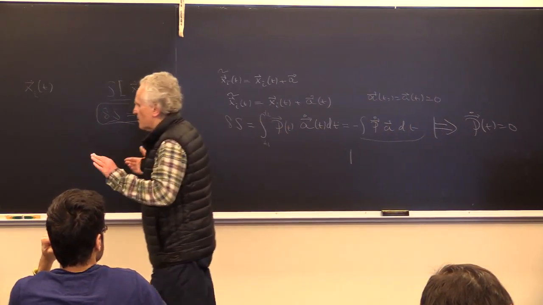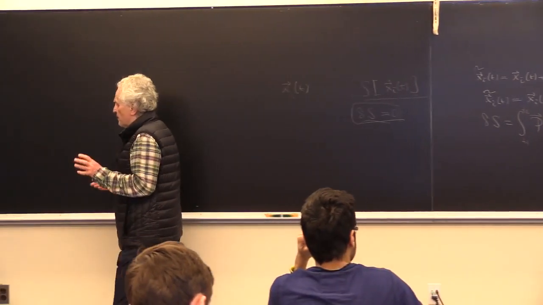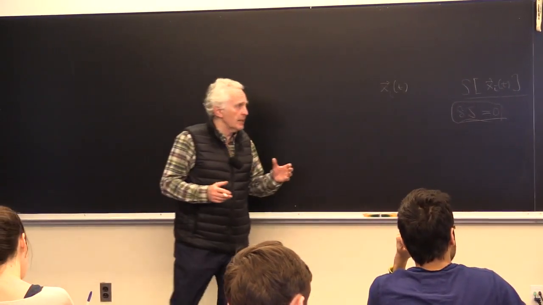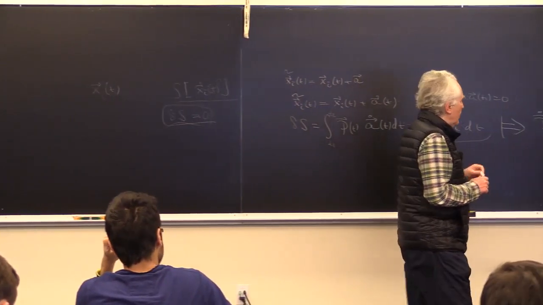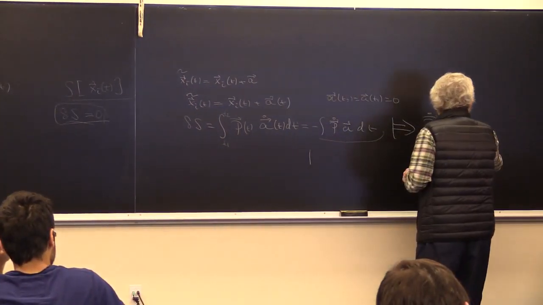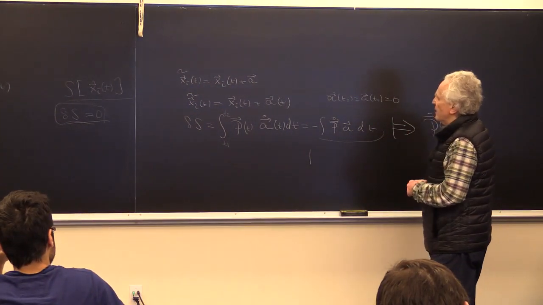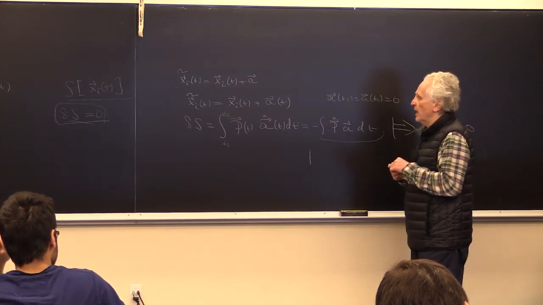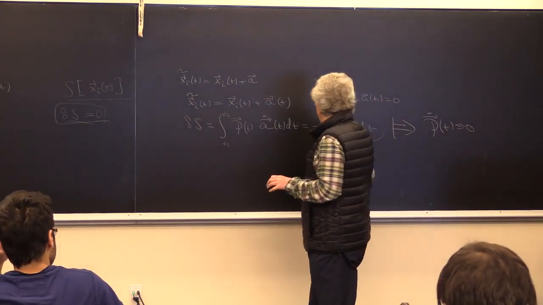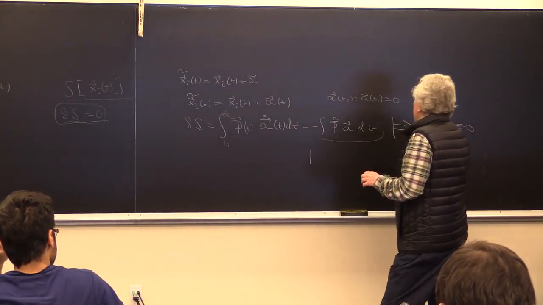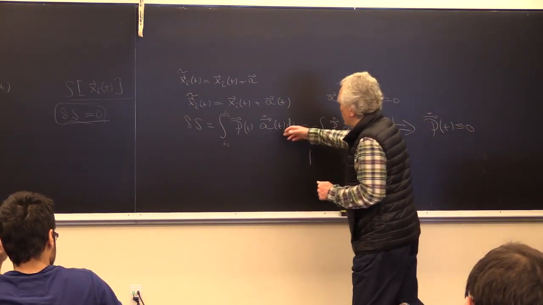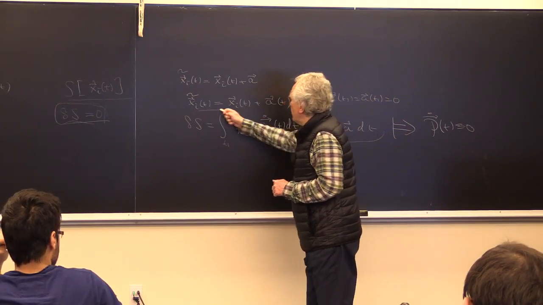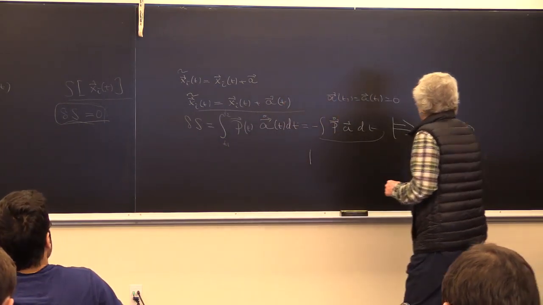I'm repeating this because it's one of the fundamental things in physics, namely that you have a well-defined and very simple prescription how to associate conservation, in this case conservation of momentum, with symmetry. We have symmetry, we get conservation.